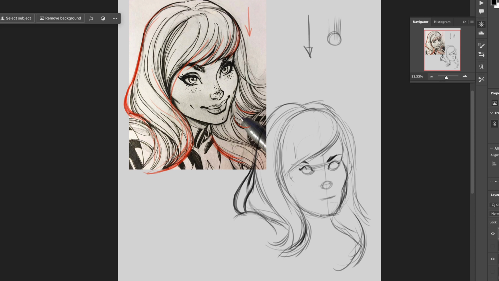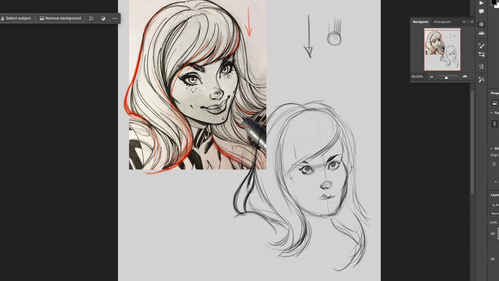But I'll try to make her look halfway attractive for you guys, because this is really supposed to be a discussion about the hair, right? Okay, here we go. Oops.